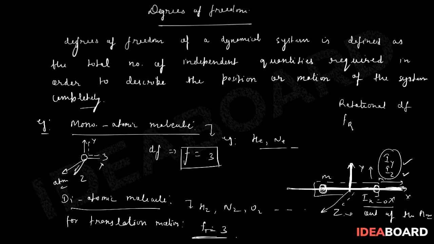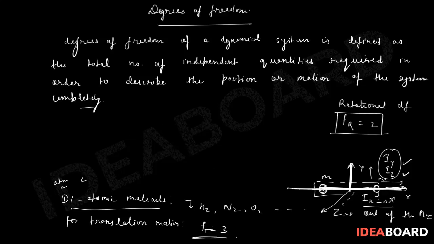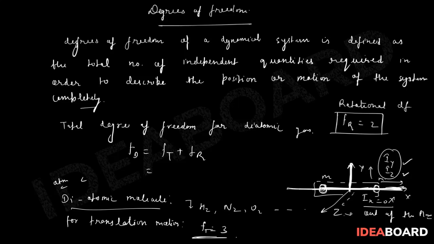Let's say F rotational, here, is 2. So now we can write total degrees of freedom for a diatomic gas: F diatomic will be F translational plus F rotational. This is 3 plus 2, which is 5. This is the F diatomic. Okay, so you remember F diatomic should be 5.